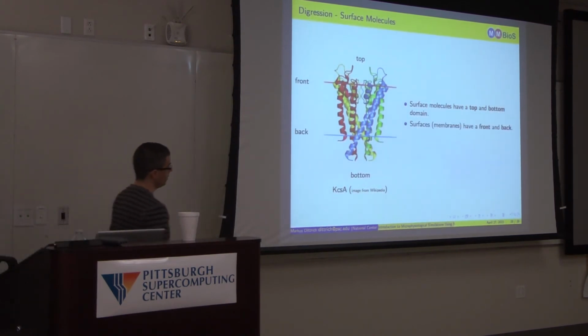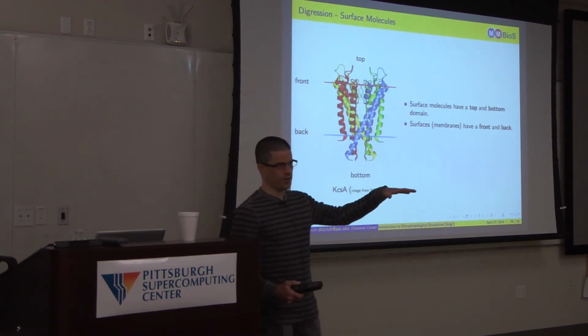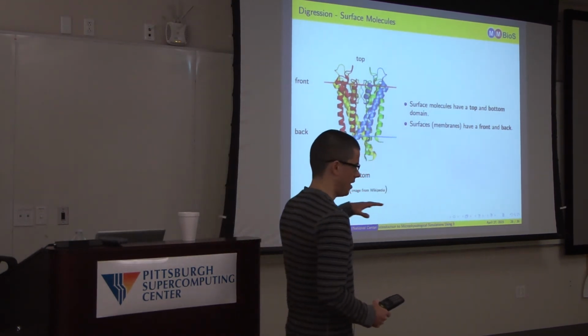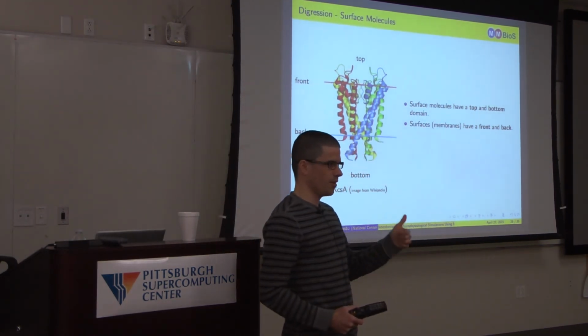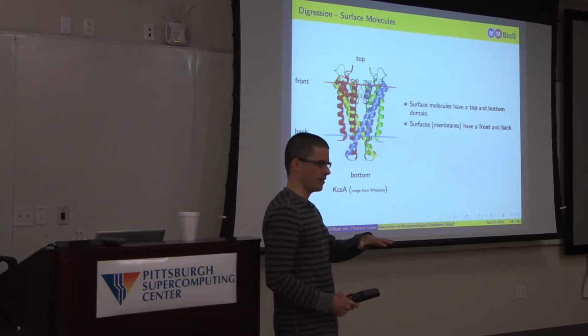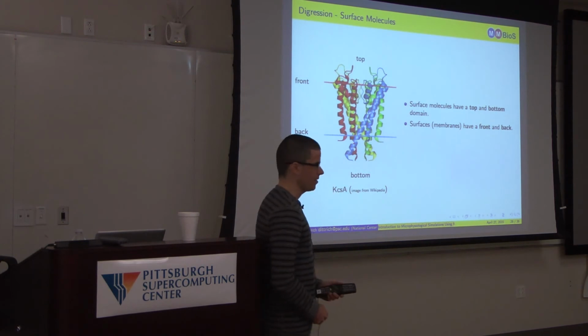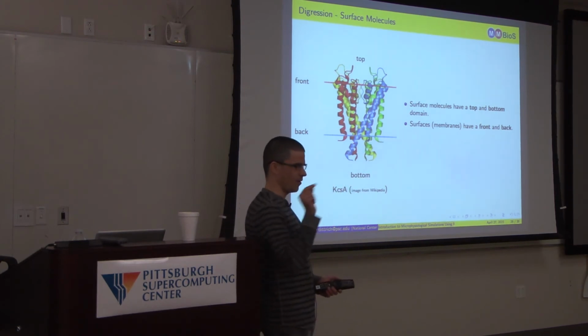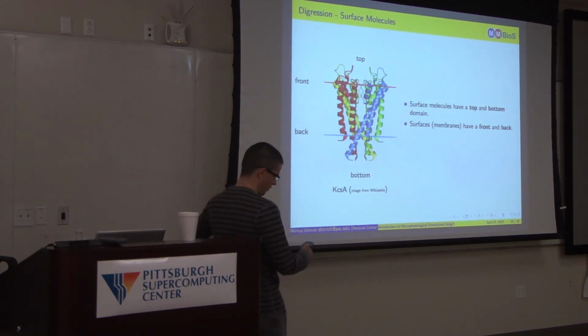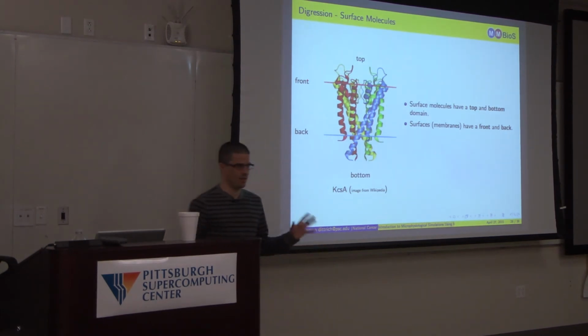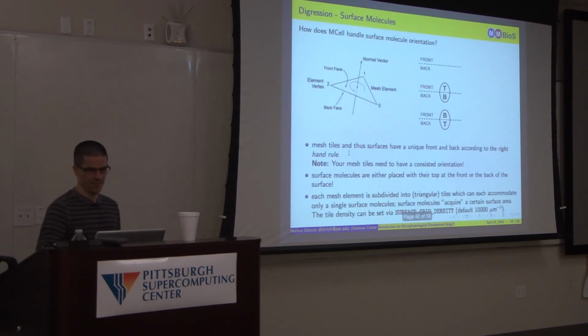The second concept is that, as I mentioned, membranes have a normal vector associated with them. So they have a front and a back side. The front side is where the normal vector comes out, and the back side is where the normal vector points into. We call that front and back. Is everybody clear with that?